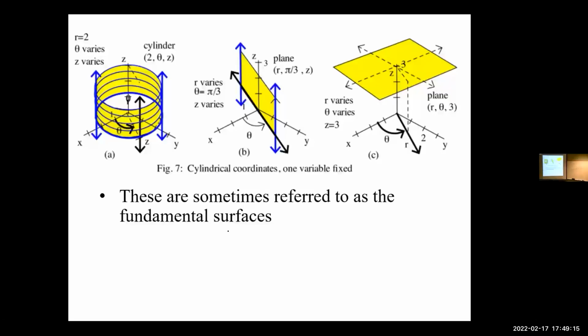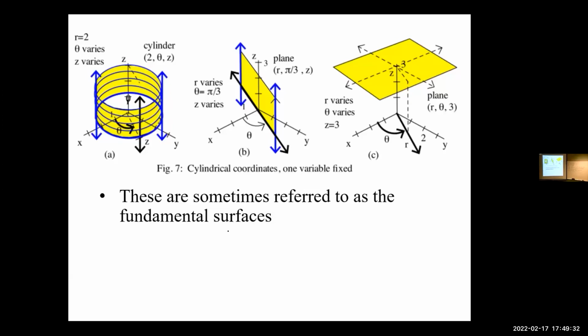The reason we care about these fundamental surfaces, and we will revisit these in a couple modules, is because anytime we're dealing with surfaces that are of the shape or a combination of these shapes, we want to be in cylindrical coordinates because they're easier to plot.